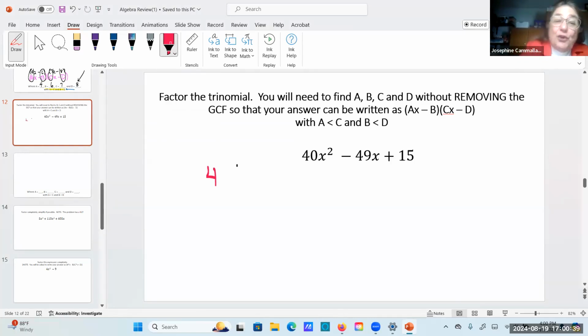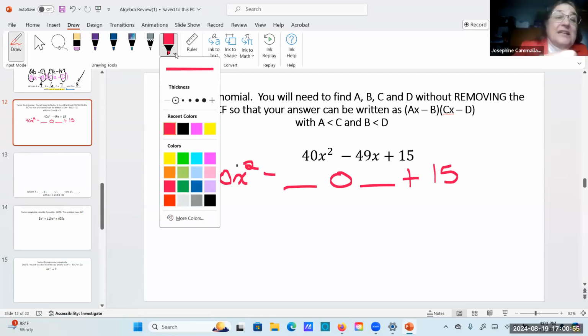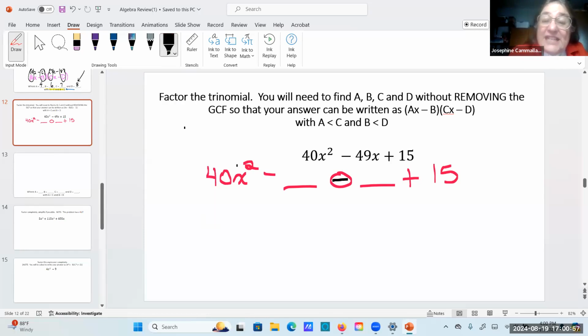I write 40x squared minus blank, circle blank, plus 15. Now, this has got to have a negative. Negative times this sign has to give me positive. Because the two blanks have the same sign, I'm adding.